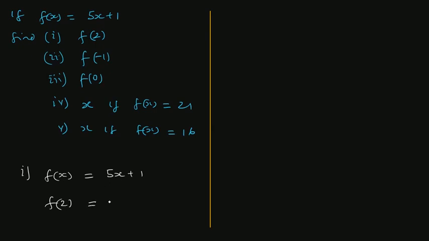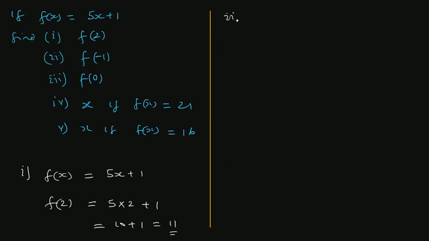It is not 5 to 52, no. If it is 5x, then it means 5 times x. So that's why I have multiplied here 5 times 2 plus 1, giving you 10 plus 1, which is 11. So f(2) is 11. The element in the range that corresponds to 2 is 11.